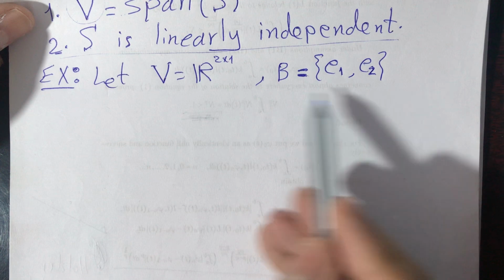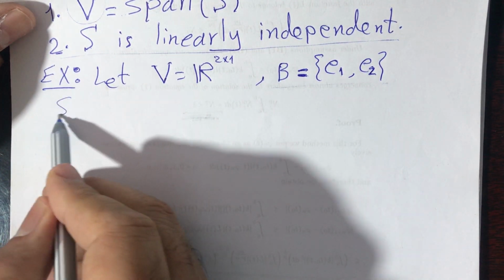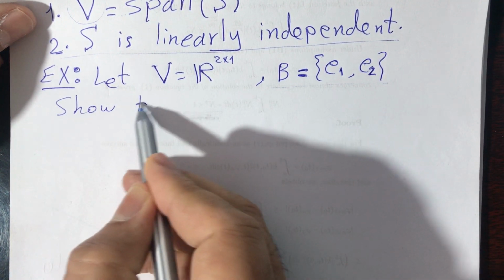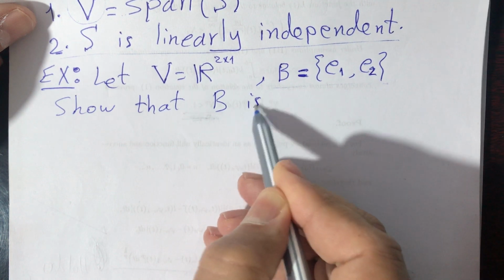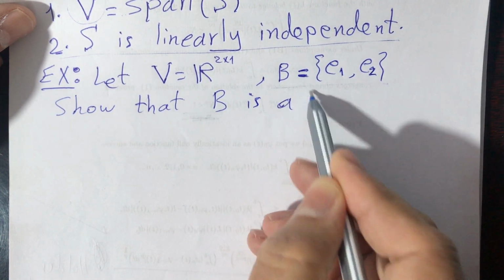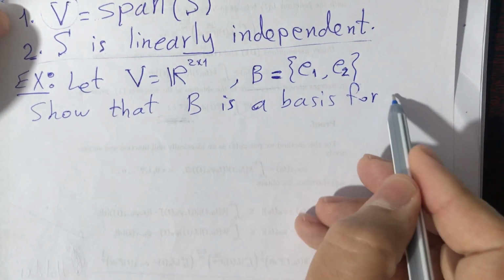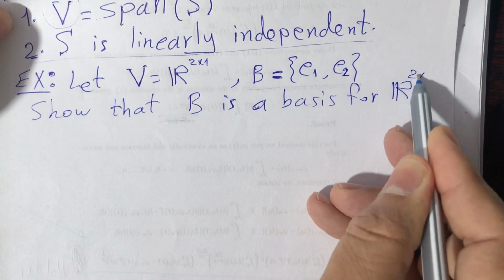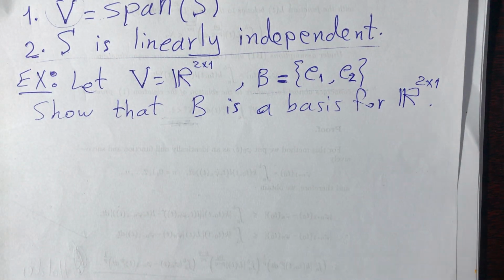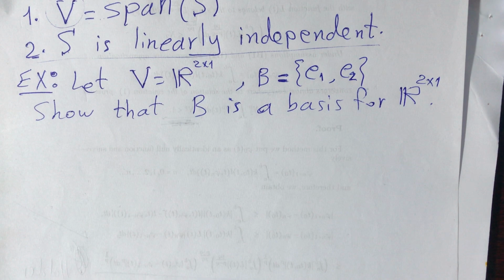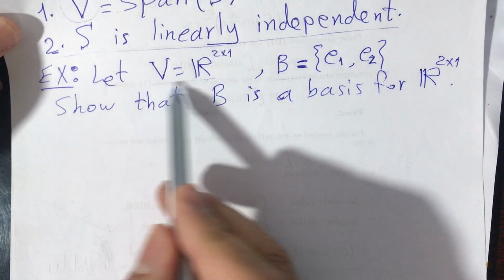Show that B is a basis for R2 times 1. Now we have to prove that this set B is a basis for V.